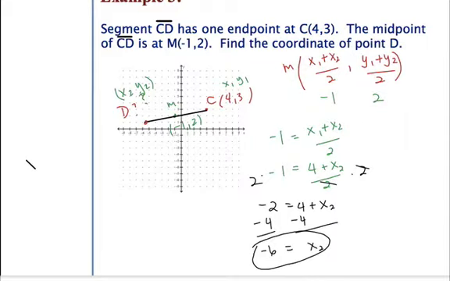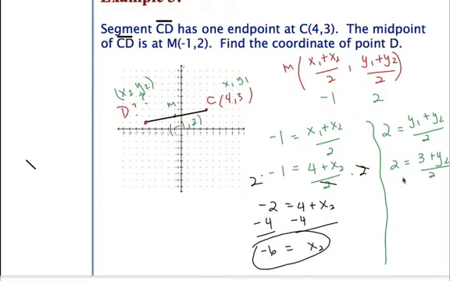Alright, now we have to find the y-coordinate. We know that the y-coordinate of the midpoint is 2, and that has to equal y1 plus y2 over 2. But we know y1. y1 was 3. So 2 is equal to 3 plus y2 over 2. We do the same thing we did before.